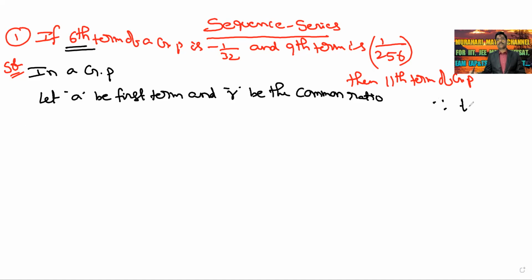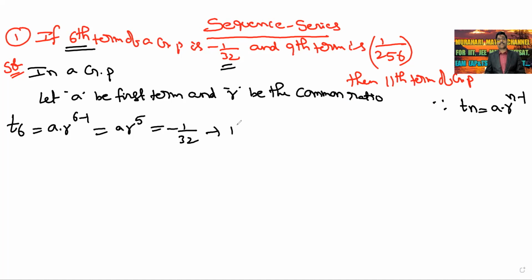We have the nth term formula Tn is equal to A into R to the power n minus 1. The sixth term is T6 is equal to A into R to the power 6 minus 1, A into R to the power 5 equal to minus 1 by 32, given. Let us take this as equation 1. And the ninth term is given, T9 equal to A into R to the power 8, which is going to be 1 by 256. Let us take this as equation 2.